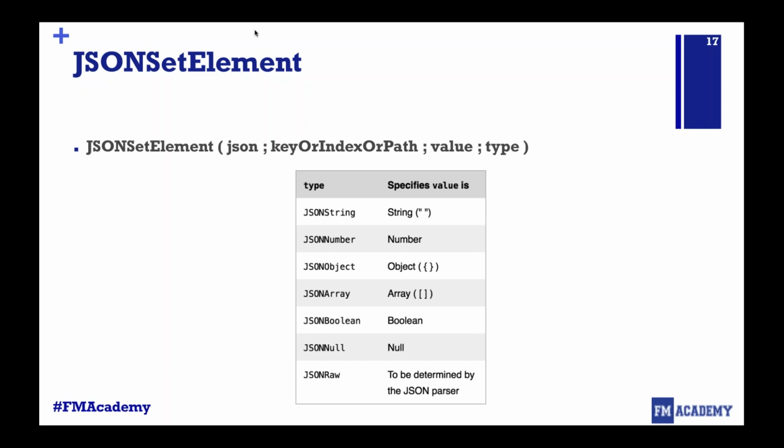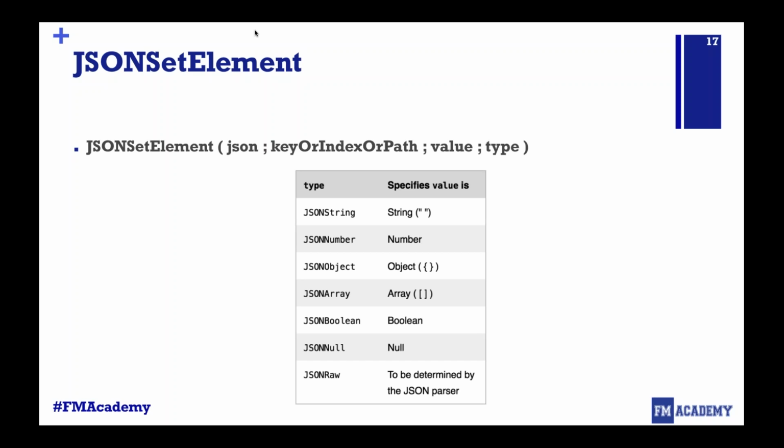So JSON string, JSON number, JSON object, JSON array, JSON Boolean, JSON null, and JSON raw. And JSON raw is just going to say, FileMaker, take your best guess at what this data type is. And if you just pass it in as an empty string, it would just be JSON raw.